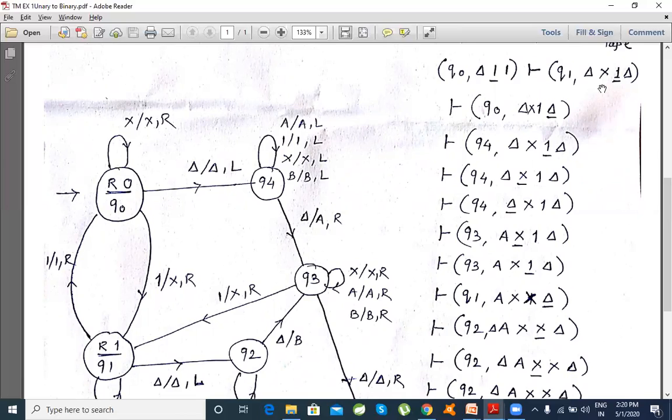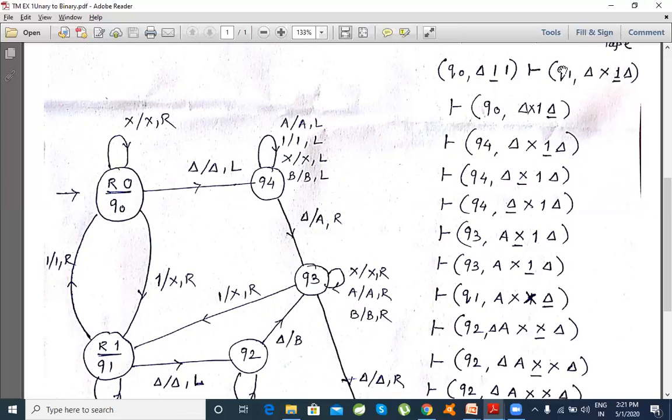So from Q1, if the next is 1, once we have crossed out a single 1, the second, even 1 should be retained as it is. So this means changing from even to odd to even. I hope you understood what the logic says.